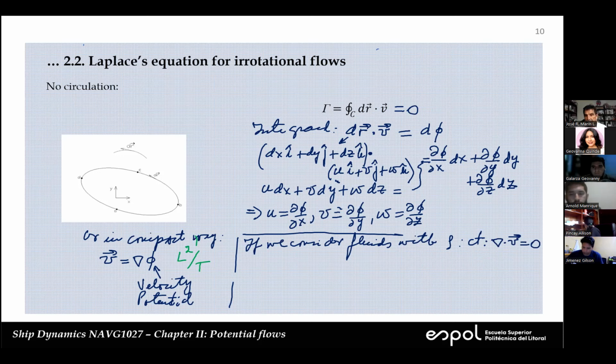That's conservation of mass. If we have a fluid, no matter if it is viscous or not, that equation has to be satisfied if the density is constant. But now we are going to combine specifically for the case when we have no viscosity. So we take this equation and replace it into here.